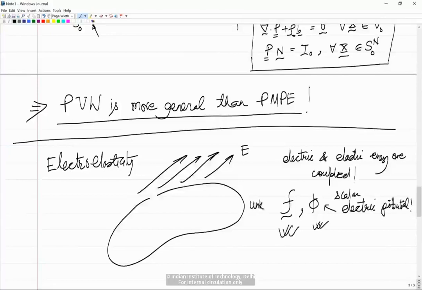It is very straightforward. All that you have to do is start with the energy involving both the mechanical as well as electric energy, and you just minimize it with respect to the unknowns, both small f and phi. And as a process of that minimization, you will also obtain the governing equations.